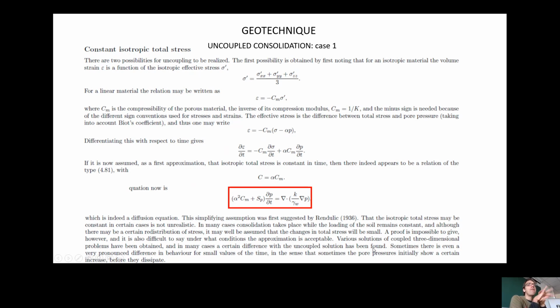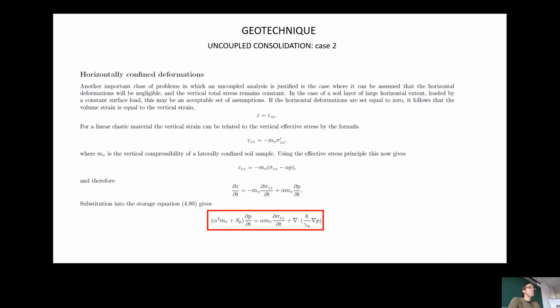So we can define, in effect, which kind of solution we can consider. And sometimes there is even a very pronounced difference in behavior for small values of time, in the sense that sometimes the pore pressures initially show a certain increase before they dissipate.